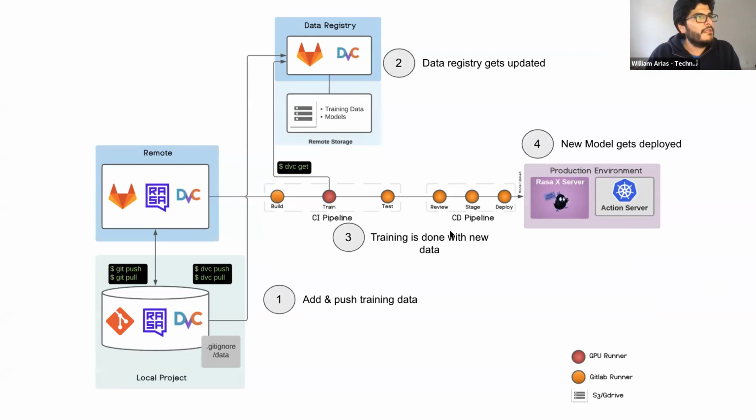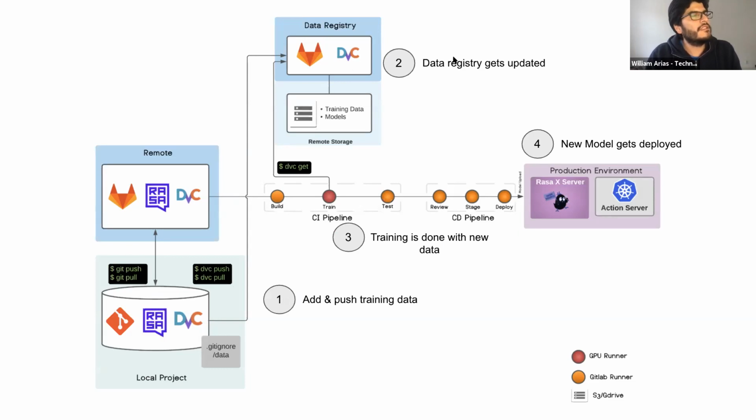So, doing a zoom in on this, and if you later watch this recording, I hope these numbers will help you understand what I just described. The developer, on his or her machine, alters the stories and NLU file, the YAML file, and they add and push this training data to a remote storage, which is the Google Drive.